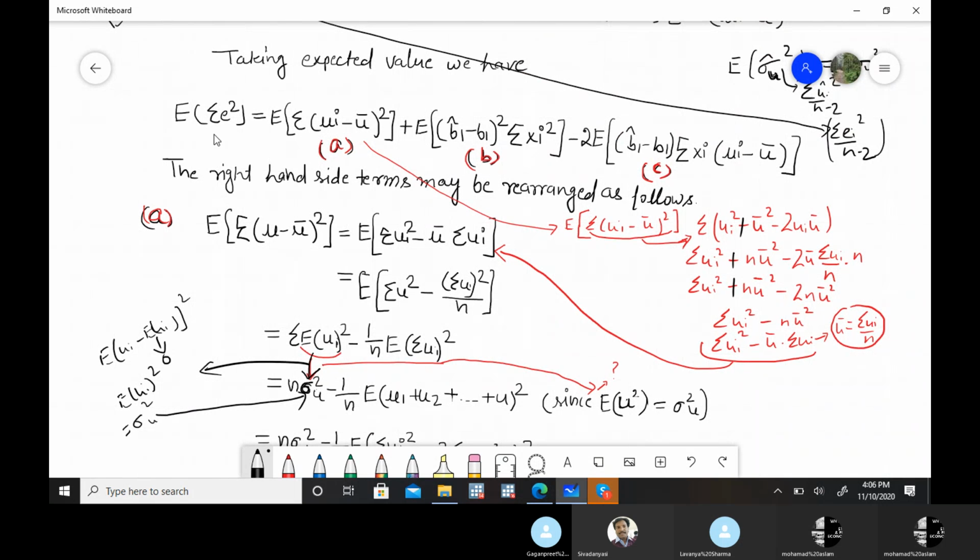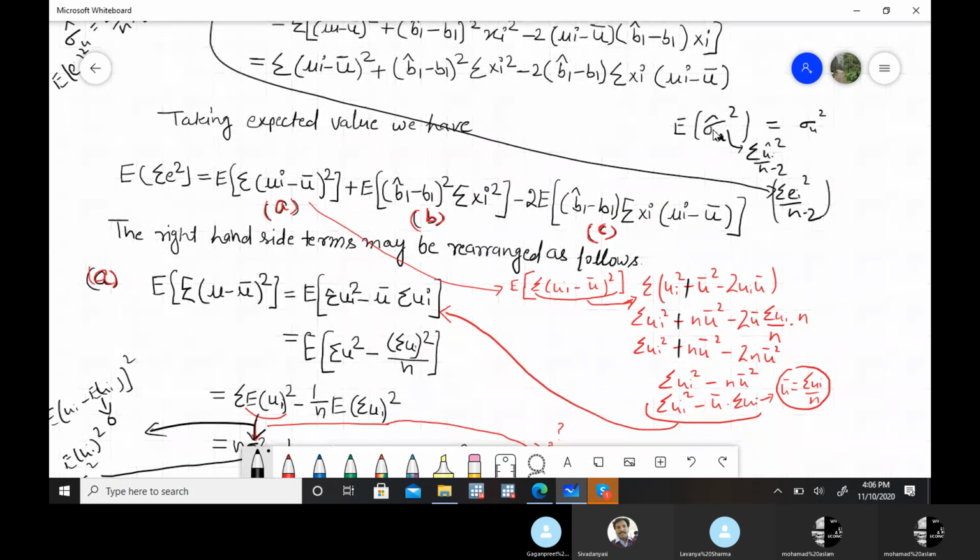So you can see, because we have to prove this particular proof, on the left hand side we are going with the sample residual, and on the right hand side we are going with the population. So in Koutsoyiannis, they used ui for the population part and ei for the sample residual part. In the left hand side, we are going with the sample residuals because we have to prove this.